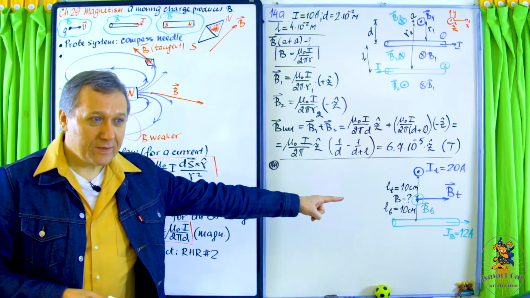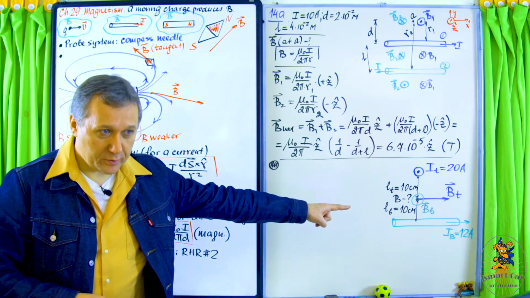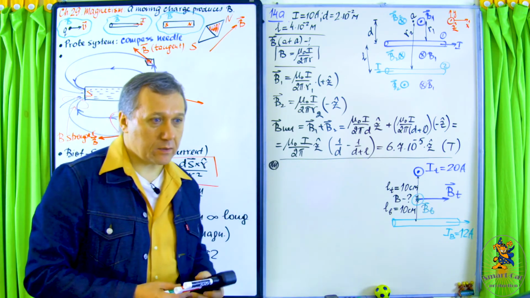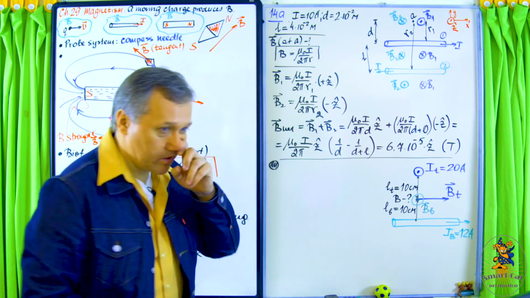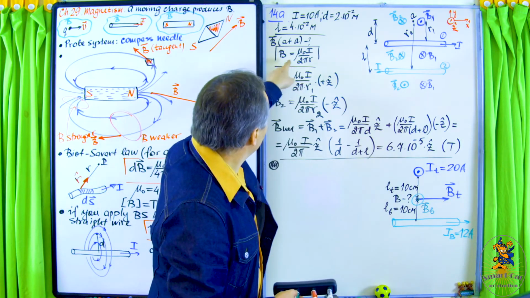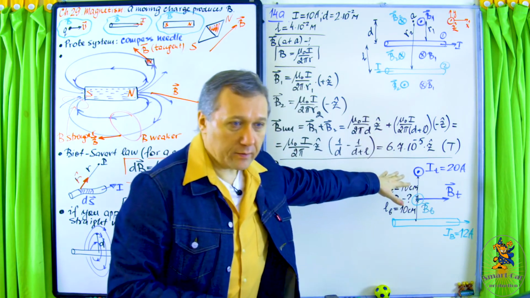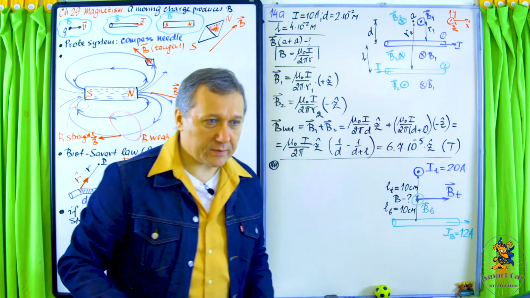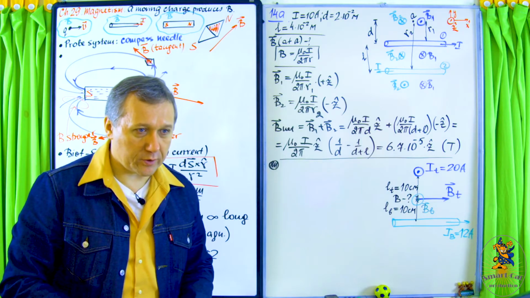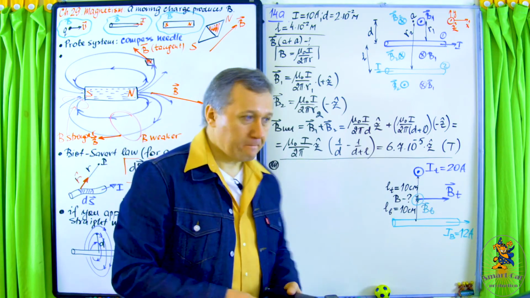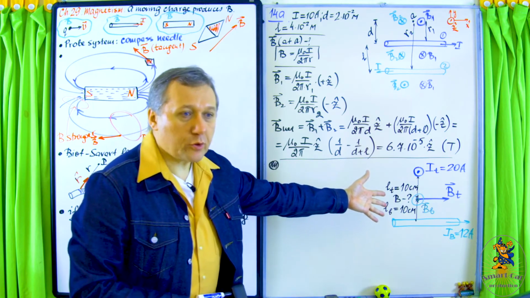So you see, they are perpendicular to each other, and that's what most of the students missed. If I give a problem like this on the test, they just find the magnitude using this formula for the first wire, the magnitude of the magnetic field of the second wire, and just add them up as if they were parallel to each other. No. Let me even redraw the top view, right?